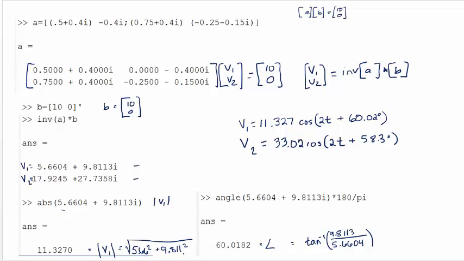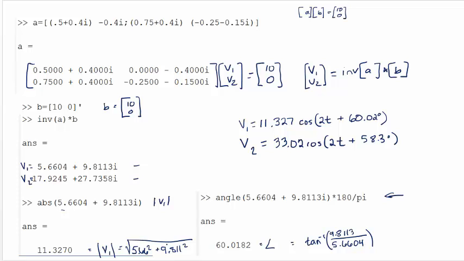Square the real part, square the imaginary part, take the square root of, and you'll get magnitude. To find a phase, I used MATLAB, their angle function right here, angle of that, and then I converted it into degrees. But you could also say tangent to the -1 of the imaginary part over the real part, and you get the same answer.